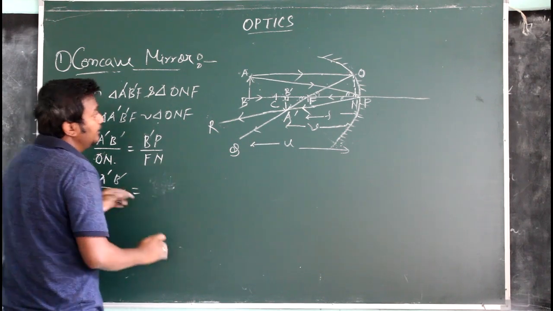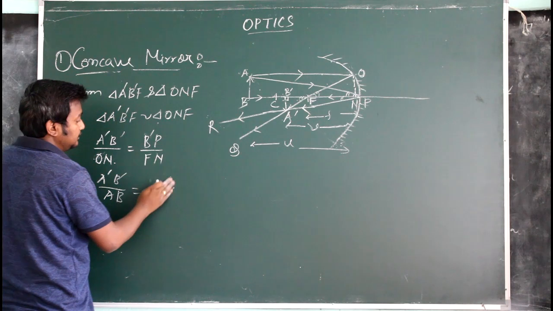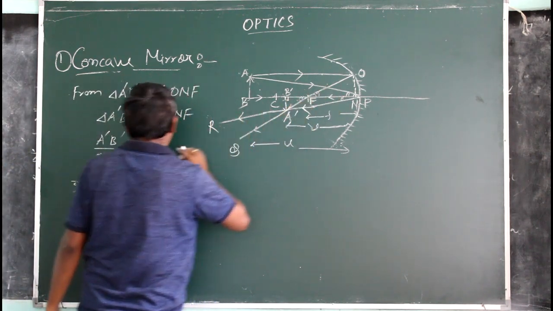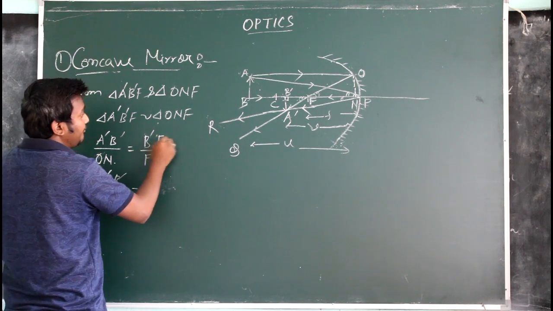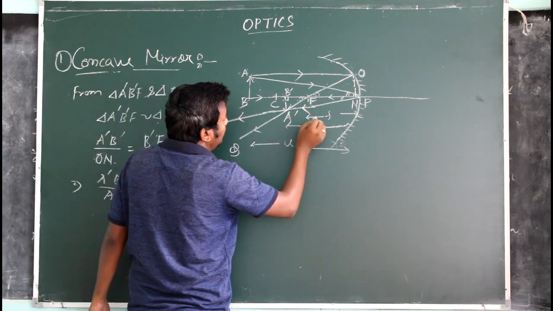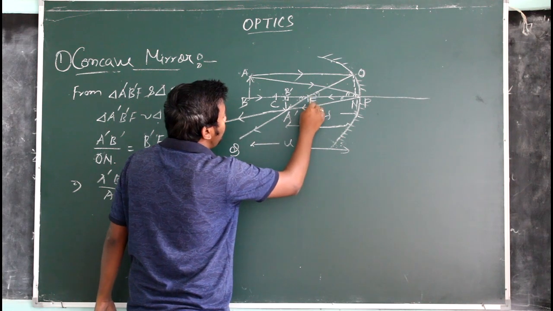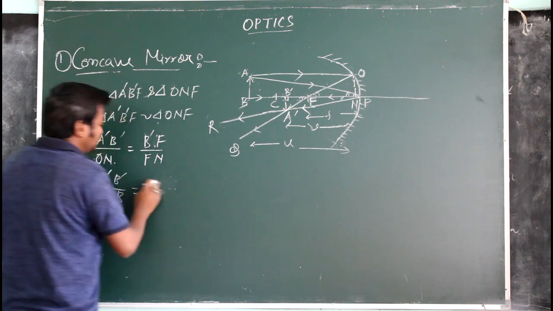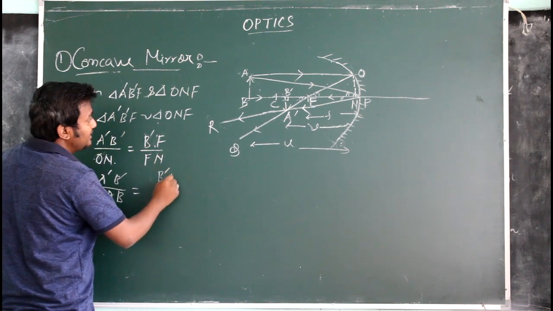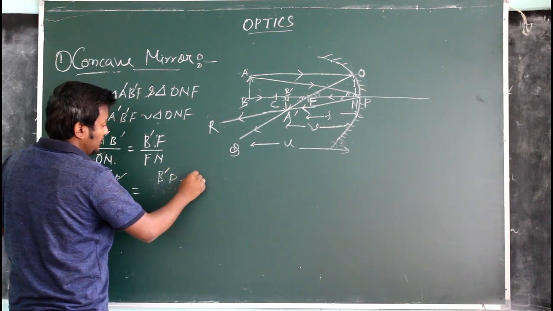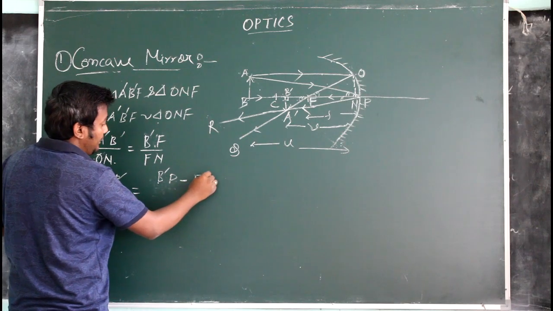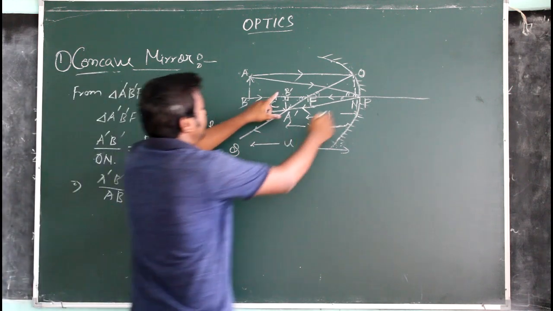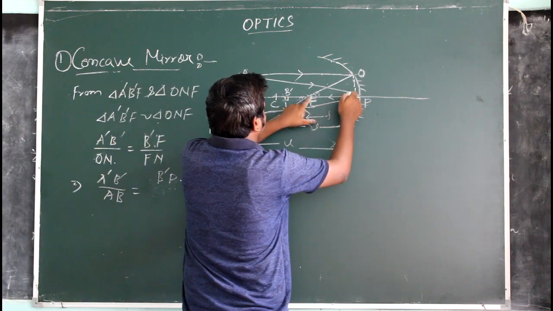In place of B'P, we can write B'F. In place of B'F, we can write B'P minus FP.